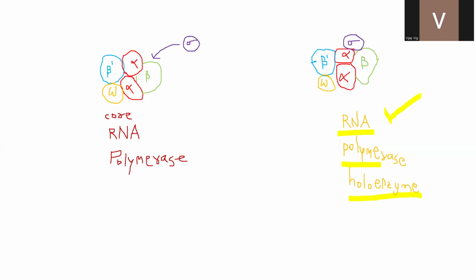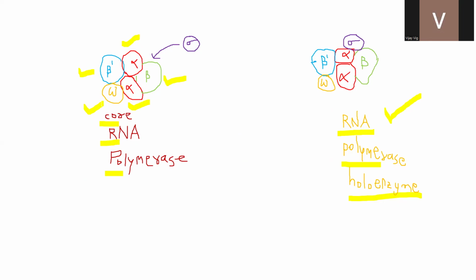What is holoenzyme? Holoenzyme is core enzyme plus the sigma factor. Next question is, what is core enzyme? The core RNA polymerase of E. coli consists of 2 alpha subunits, which you can see. There's an alpha polypeptide, 2 copies of it, 1 beta subunit, 1 beta prime, and 1 omega.